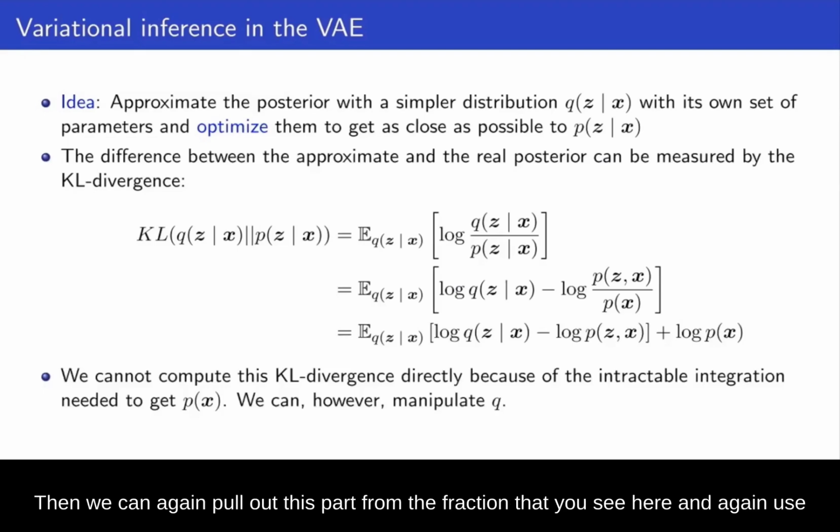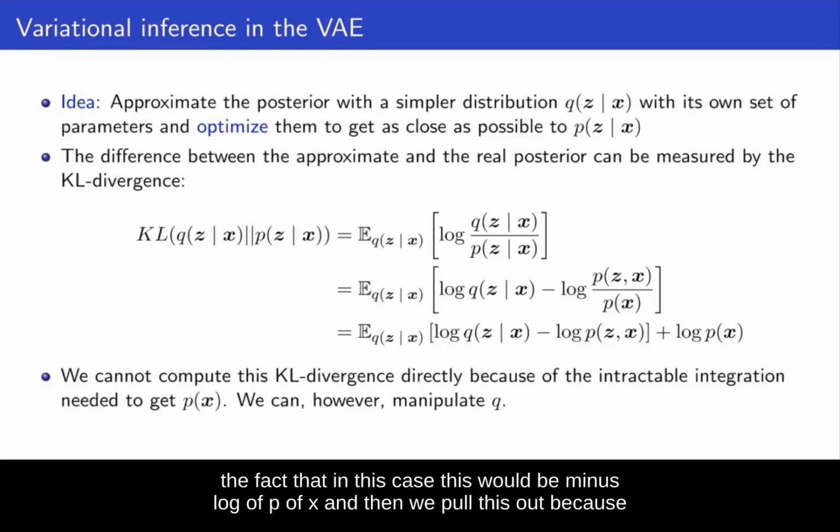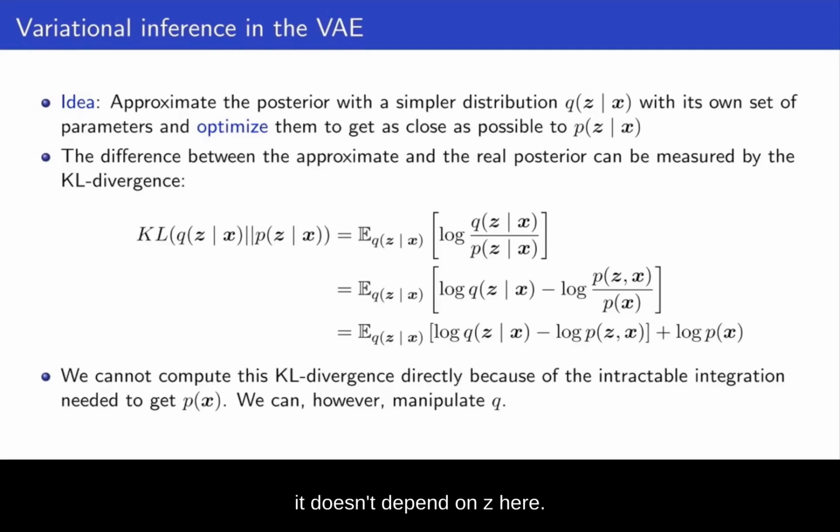Then we can again pull out this part from the fraction that you see here, and in this case this would be minus log of p of x. We pull this out because it doesn't depend on z, so we can just pull it out of these parentheses, and now this is a nice expression for the KL divergence.